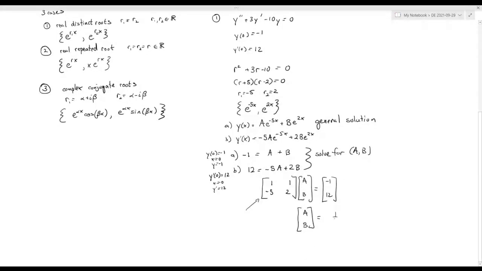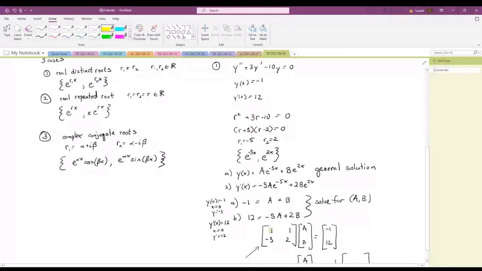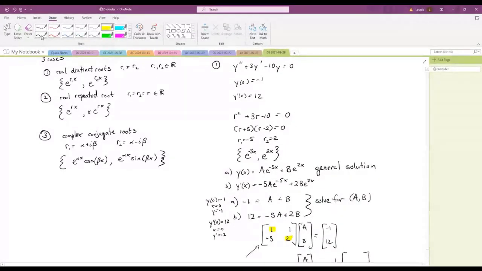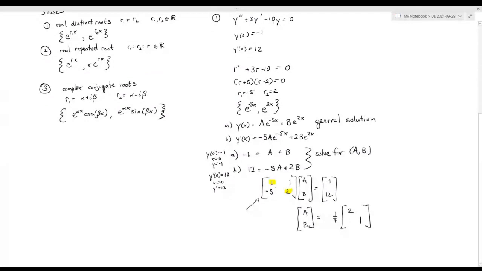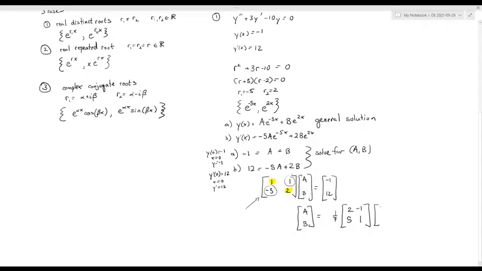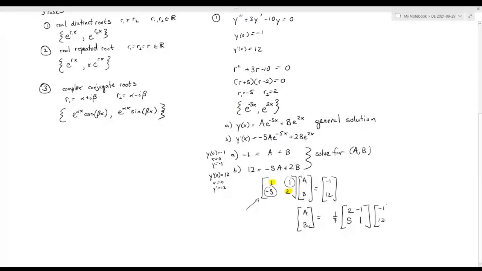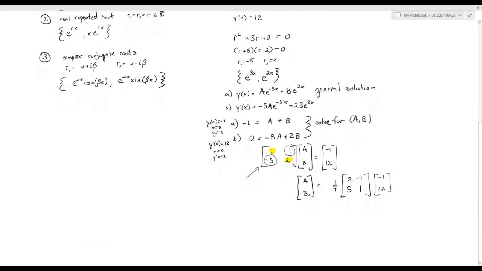So 1 over the determinant. So 2 plus 5 is 7. Okay. So 1 over the determinant. We're going to exchange the diagonal entries and then change the sign on the off diagonal entries. So it multiplies the column on the right hand side.